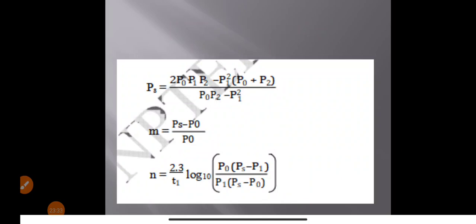PS is the saturation population. So for PS, we have to remember this formula, very simple.